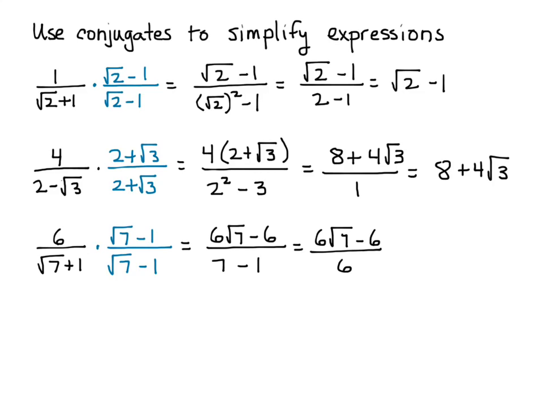Now, I multiplied out the 6 here to get this, and really I could have waited on multiplying that, because right now I'm going to factor out a 6 here. So I get 6 times square root of 7 minus 1 over 6. And of course the 6's cancel, and we just get the square root of 7 minus 1.